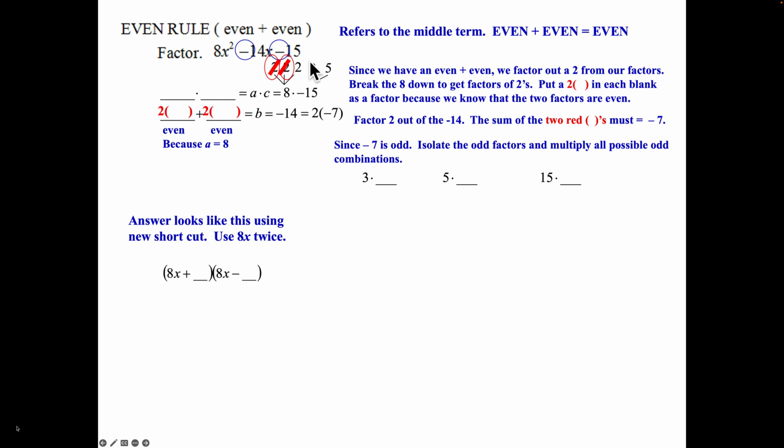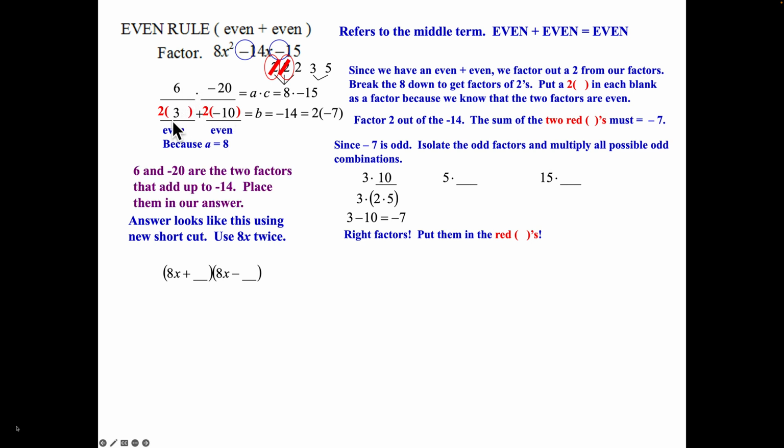Cover the 3. 2 times 5 is 10. Oh, how about a negative 10 and a positive 3 is a negative 7? There's my numbers. Positive 3, negative 10, 6, and negative 20. 6 times negative 20 is the same as 8 times negative 15. 6 minus 20 is negative 14.